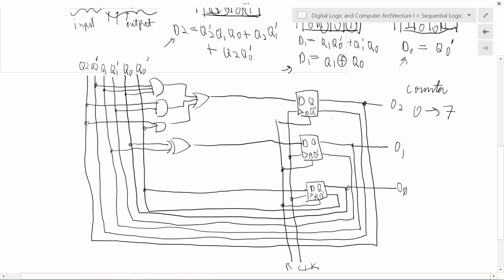Every time clock goes from 0 to 1, the counter increments. Here completes our introduction to flip-flops, memory, and latches.